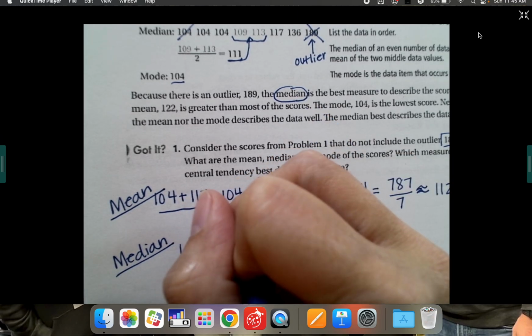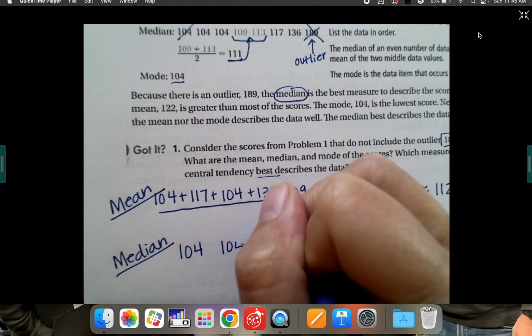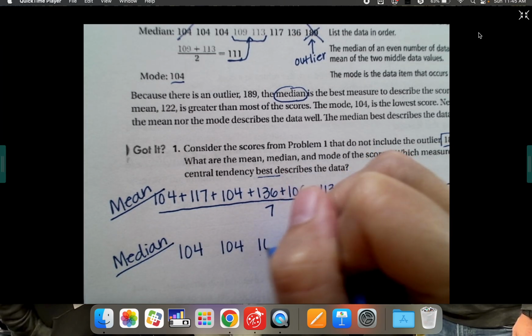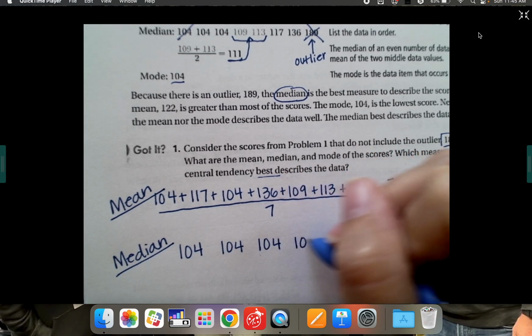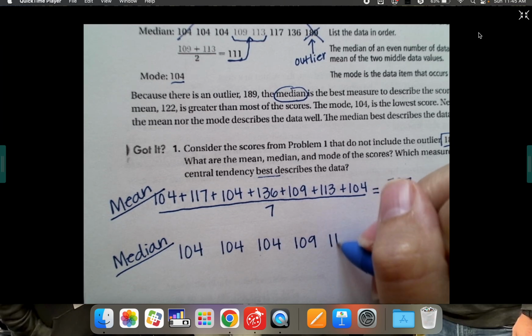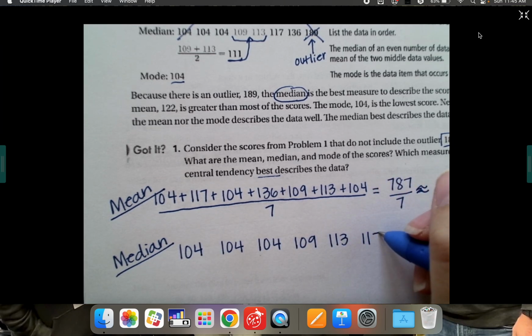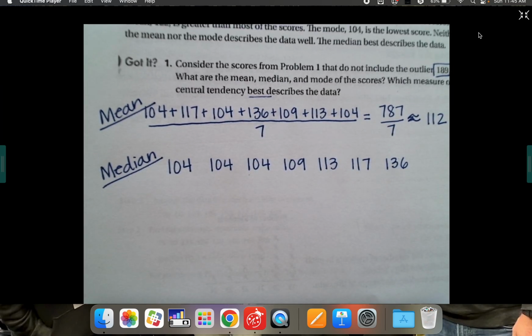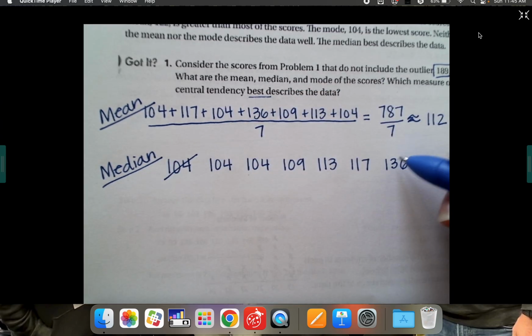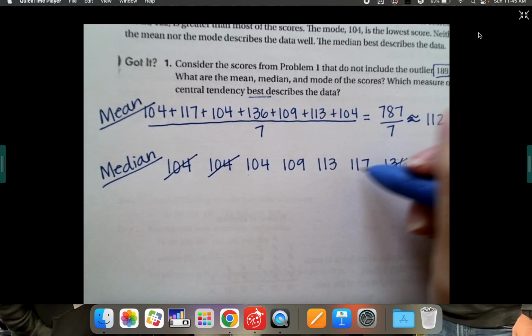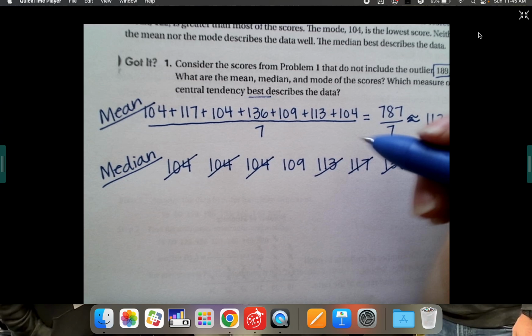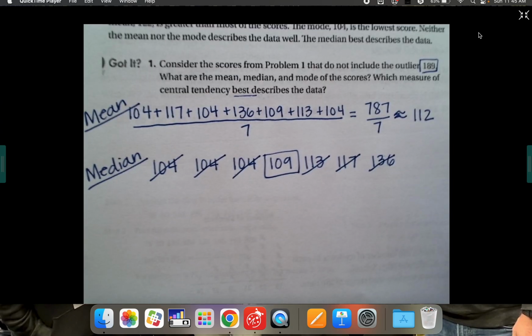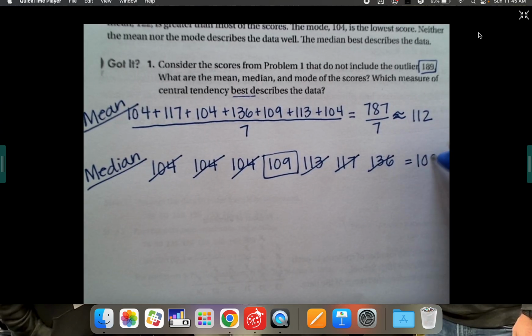So I've got 104, 104, 104, 109, 113, 117, and 136. We're not putting 189 on there. So they're in order from least to greatest. We'll just chop off the ends. Take away smallest, largest, take away smallest, largest, take away smallest, largest. And that leaves us with a middle number of 109.